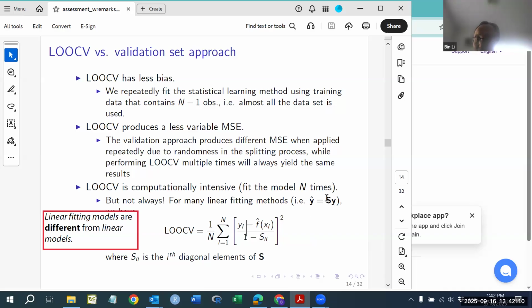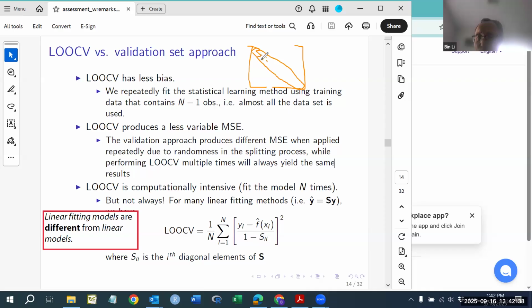So what is S_ii? S is that matrix, called the projection matrix. This is a square matrix. And what is the dimension? It's n by n. Okay, so if it's a square matrix, n by n, then we have a diagonal. The diagonal elements are notated as S_ii.